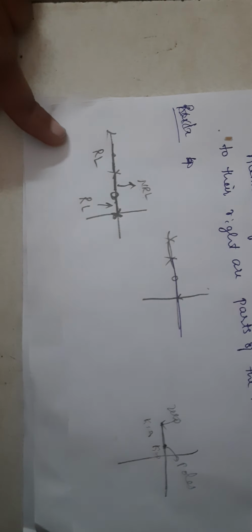This one, there exists a root locus, because the right hand side of this path will have 3 roots, 1 2 3, so here a root locus may exist. Here we have to identify based on the even and odd number of roots that exist at the right hand side of the path.